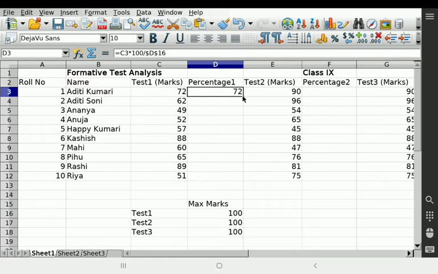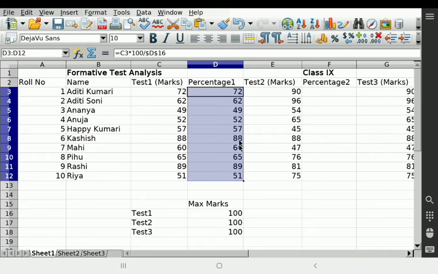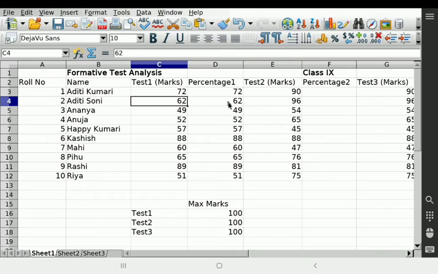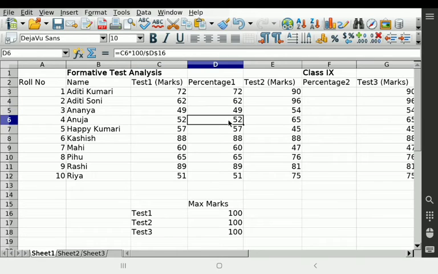Now I am clicking on this autofill button. And then you can see percentage marks for all the students: 62, 49, 52. Then observe the cell address for each student.